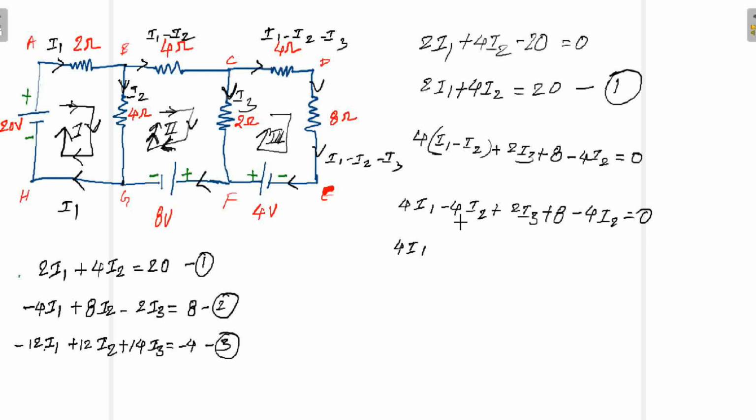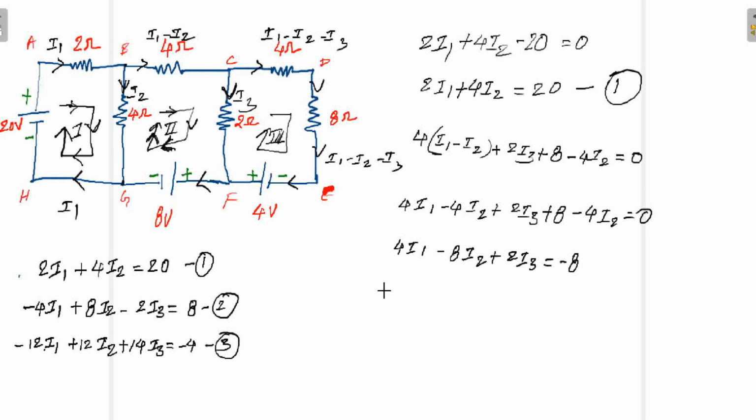4I1 minus 4I2 minus 4I2, that is minus 8I2, plus 2I3, which is equal to minus 8. If I want to get this equation, let us multiply by negative on the LHS and RHS.